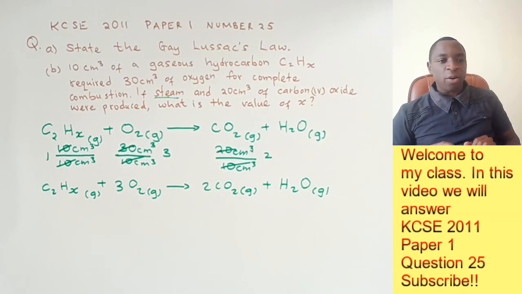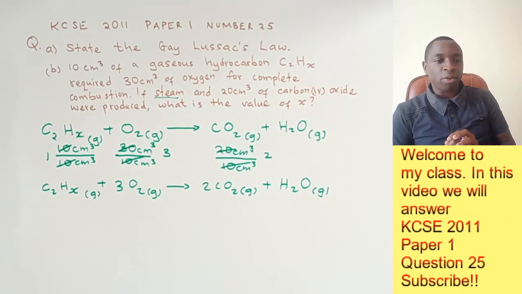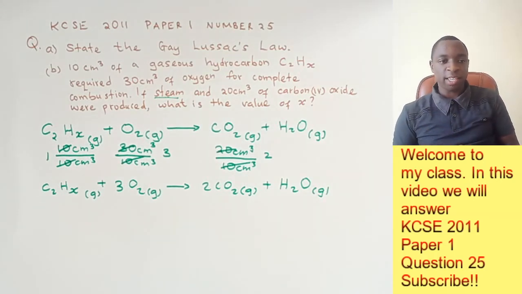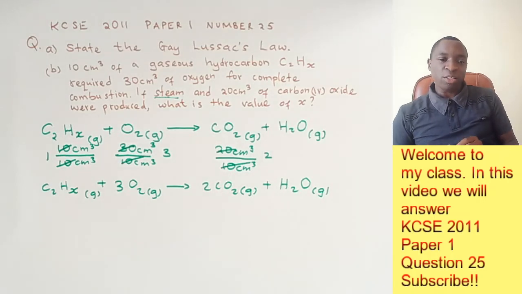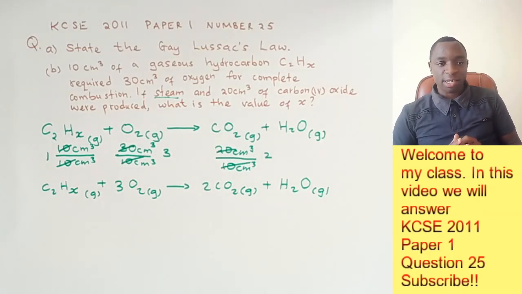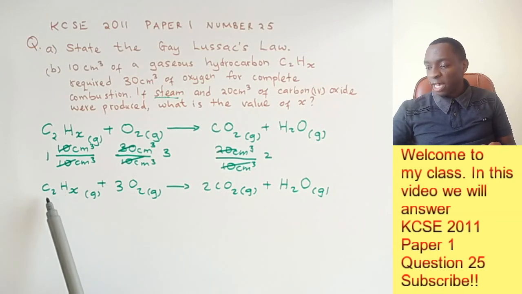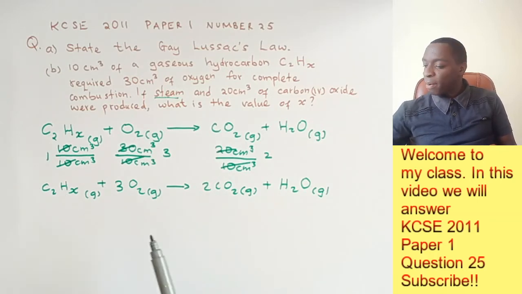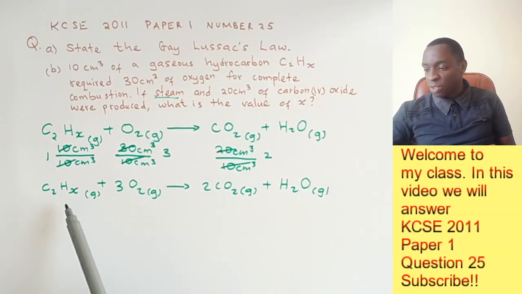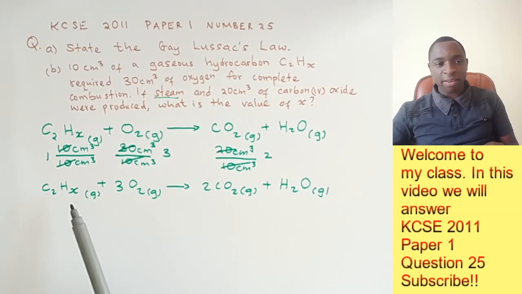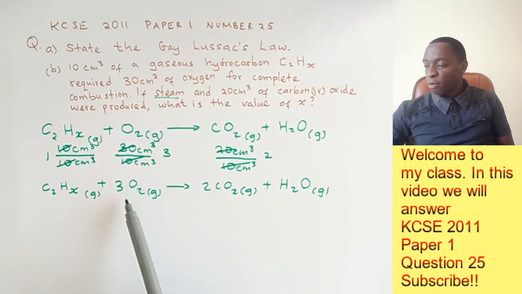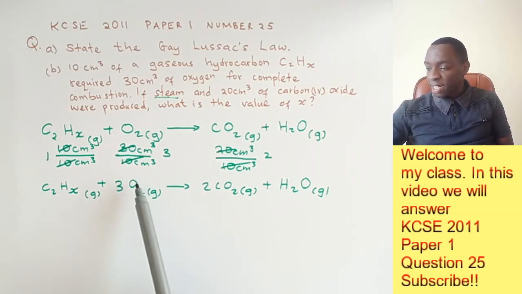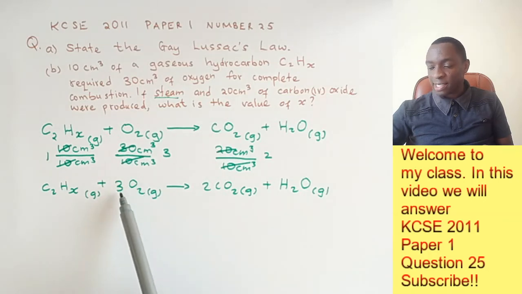Good. Now that we have the balancing numbers or the coefficients for this equation, we need to check if everything is balancing well. The number of carbons here is 2 and here is 2, so it is balanced. Then the number of hydrogen is hidden. That is what you're trying to look for. So we'd leave it out for now and find out the number of oxygen. The number of oxygen on the left hand side is 6, that is 3 times 2.